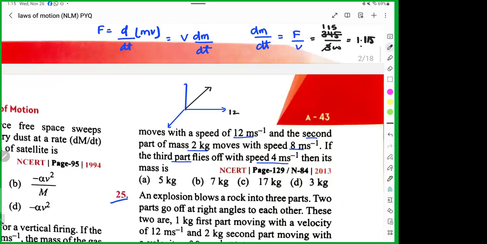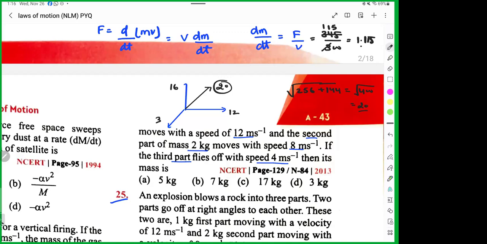Second case, mass is 2 and linear momentum 16. Take their resultant: 16 square 256, 12 square 144, total 400, under root will be 20. So the resultant linear momentum is 20. This will be equal to the third one.